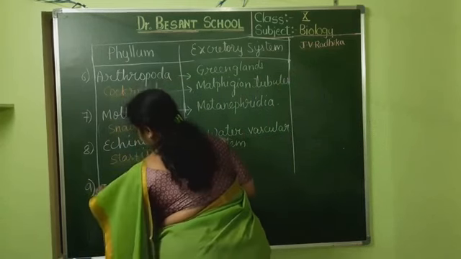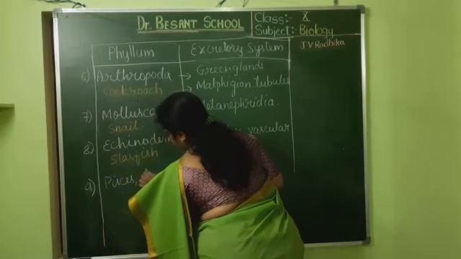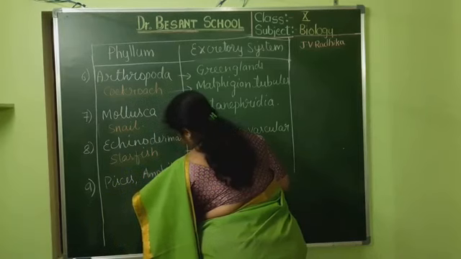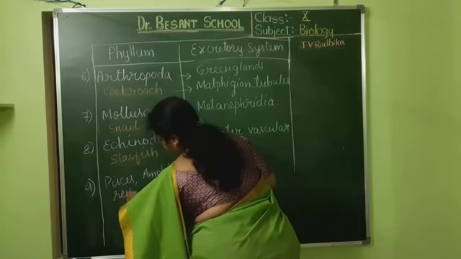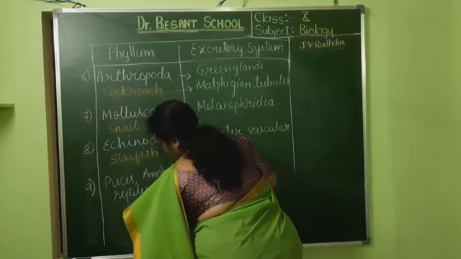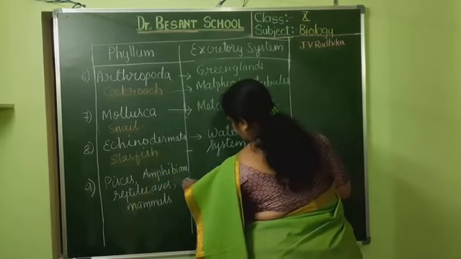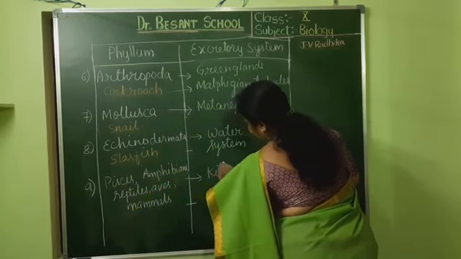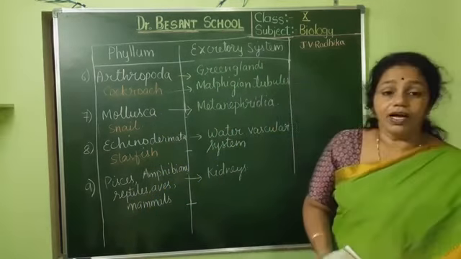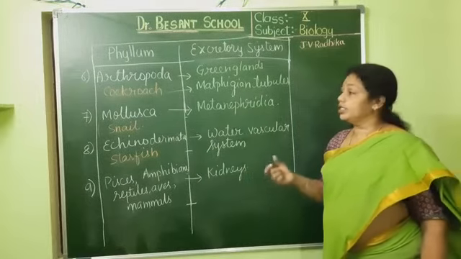Right from Pisces, amphibians, reptiles, aves, mammals, all these possess kidneys. Okay, you know the examples, so I don't write any examples there. All these will have the kidneys. So this is how the excretion occurs in all these different animals.